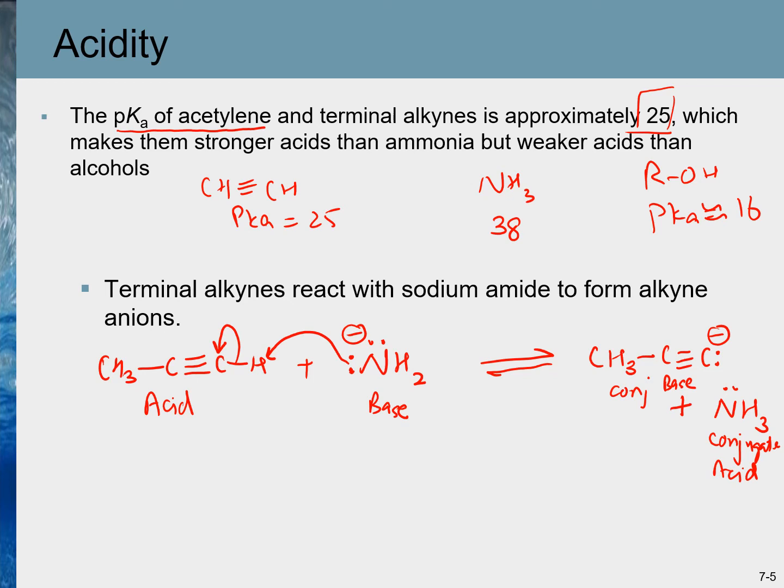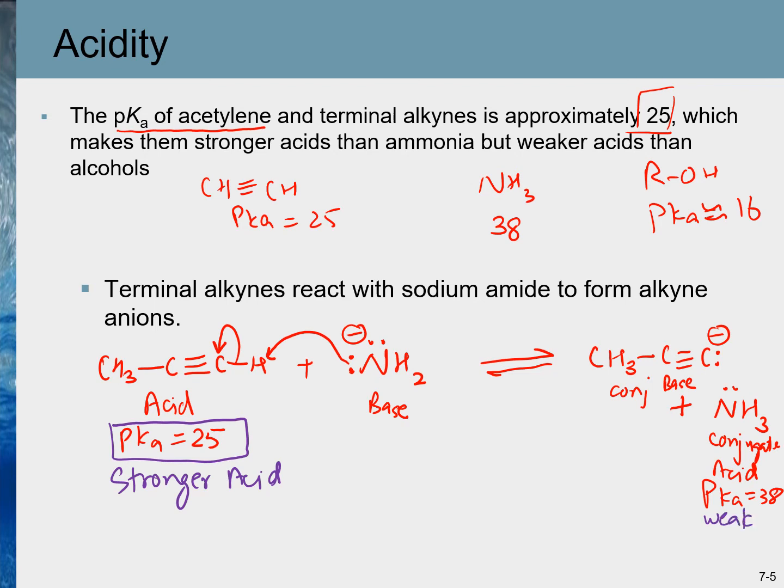In the forward direction, the acid is propyne. Its pKa value is about 25, and in the reverse reaction, the acid is ammonia and its pKa value is 38. We know that smaller pKa value means stronger acid, so therefore our alkyne is stronger acid and ammonia is weaker acid.